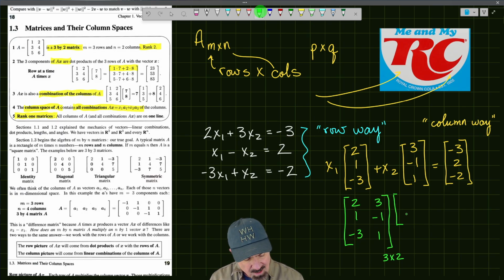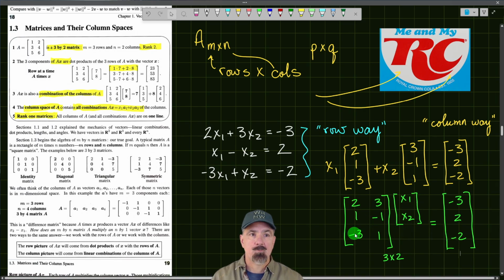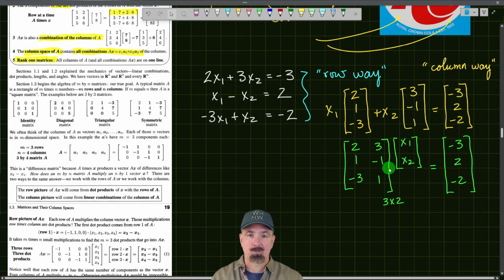And we're multiplying that times the vector of unknowns, x1, x2, and that's equal to the right-hand side vector, negative 3, 2, negative 2. So this is where the matrix-vector product conversation is coming in section 1.3. We're really looking at this matrix of coefficients multiplied times a vector of unknowns. And this is very common for us, and we'll see this quite a bit as we look at solving systems of equations.